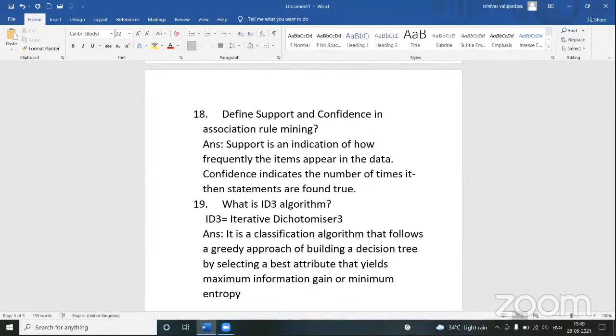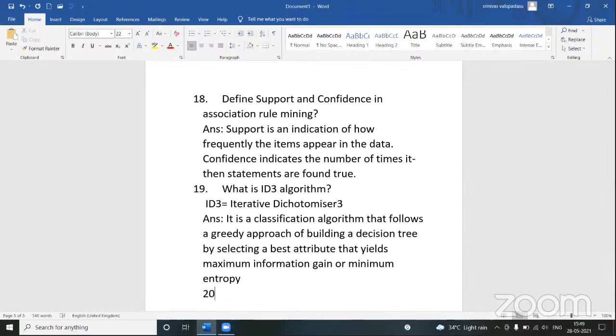So next I will ask what is entropy. Next question.